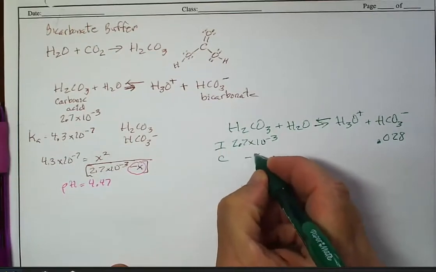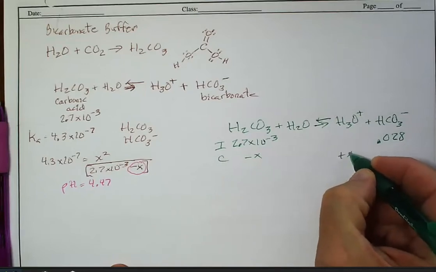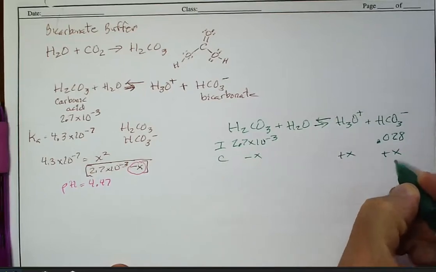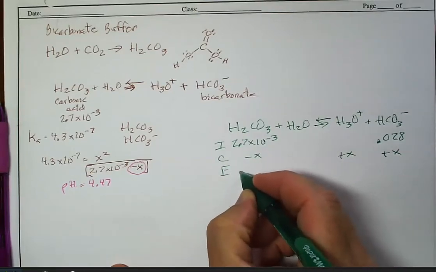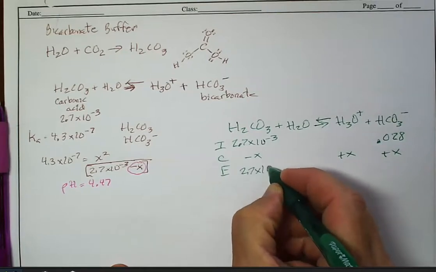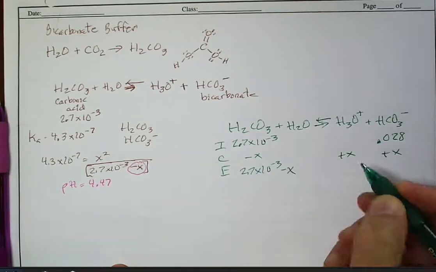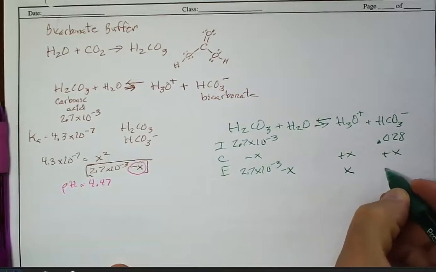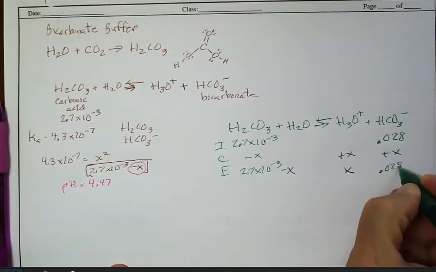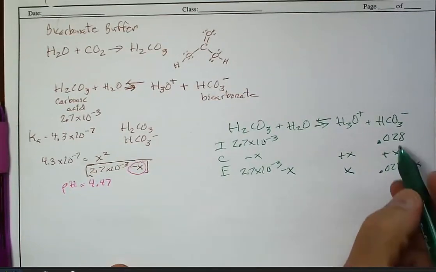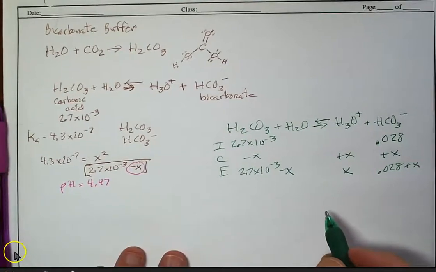Alright, so we're going to subtract x. We're going to add x. We're going to add x. So that we're going to end up with 2.7 times 10 to the minus 3 minus x of hydronium, 0.028 plus x of bicarbonate.